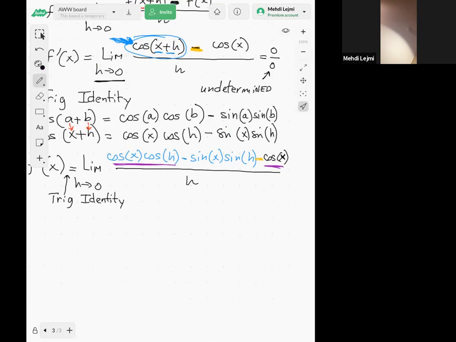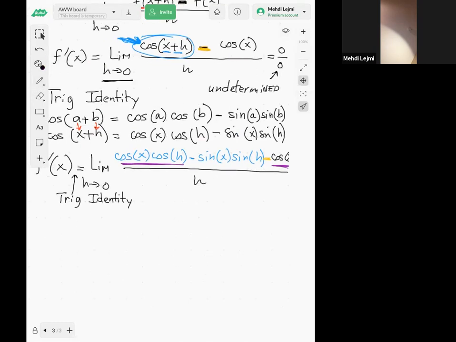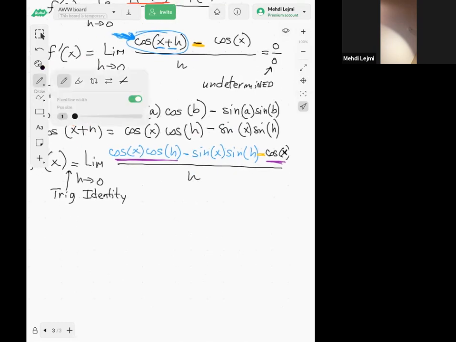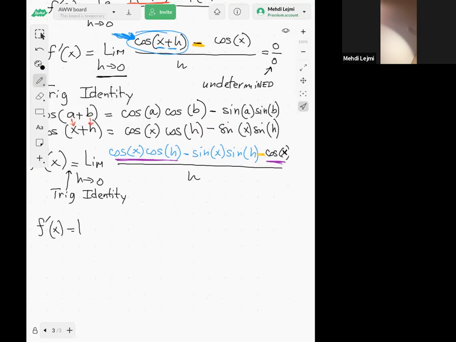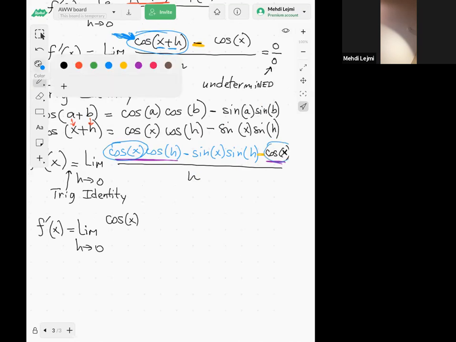So my f prime of x is the limit as h goes to 0. My common factor is cosine of x. Here's my cosine of x, here cosine of x, and here's my cosine of x. If you factor out this cosine of x, you are left with cosine of h.